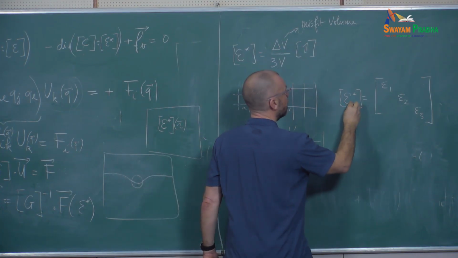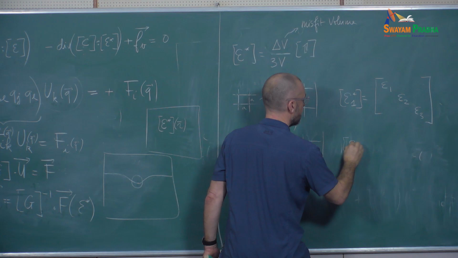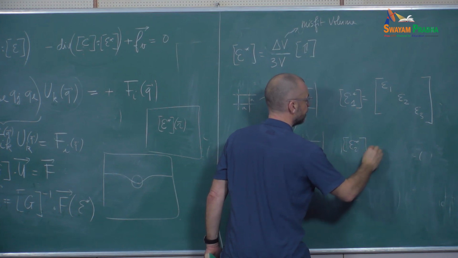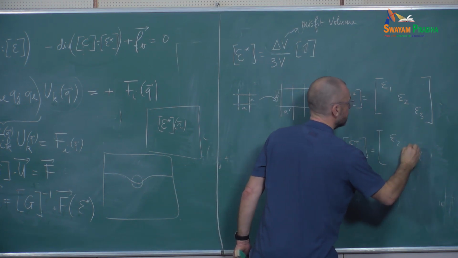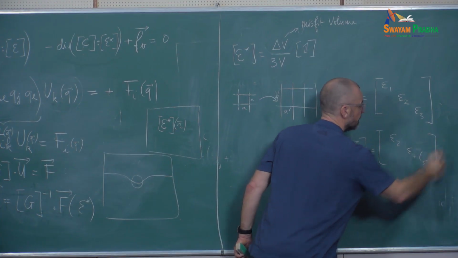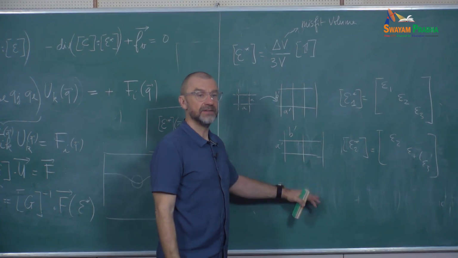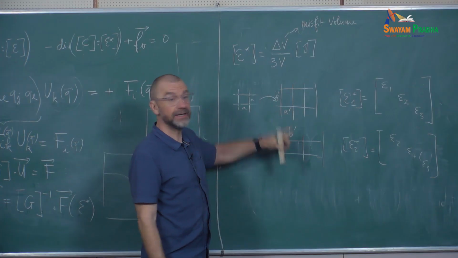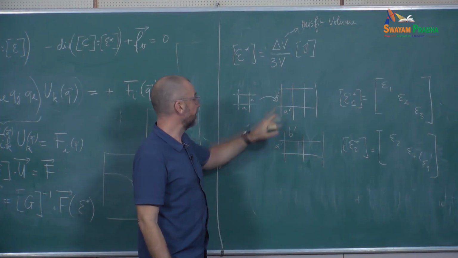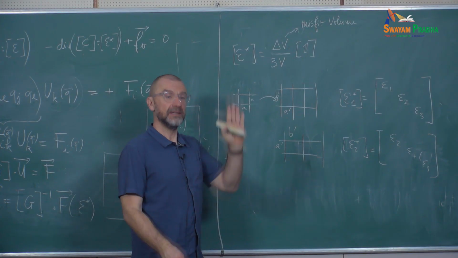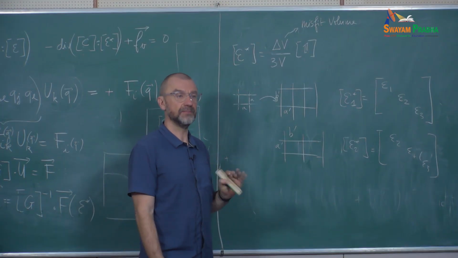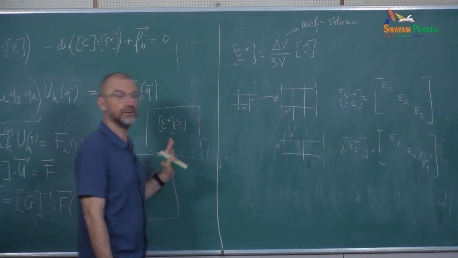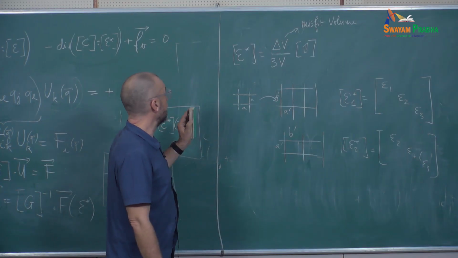That would be variant 1, and then you could have a variant 2, which would be epsilon 2, epsilon 1, epsilon 3, etc. This is what you have to do when you break symmetry, and then you have different populations depending on the different variants. But this can also be directly included in what we have said.